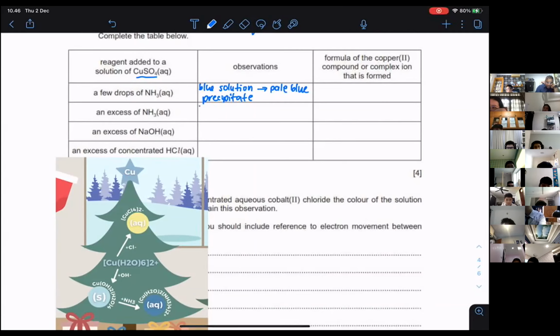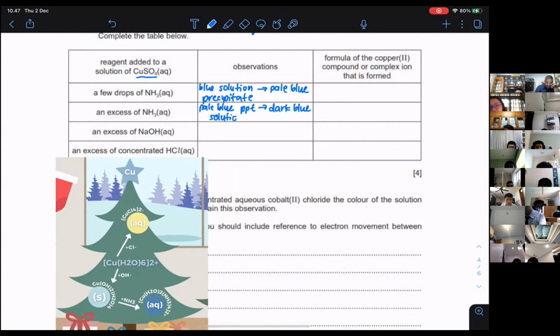When I add the excess, basically what happened? If I want to skip, the blue solution will become a pale blue precipitate, and the pale blue precipitate will change into a dark blue solution.